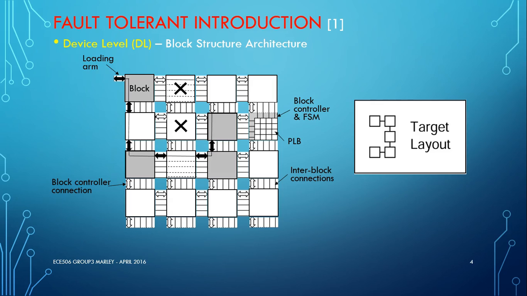And then we work our way up, and if the blocks are all good, we get that configuration. The only thing we've had to do is do the 2 pass-throughs in order to get this configuration. Very nice way of getting around faults. And again, this can be transparent to the programmer.